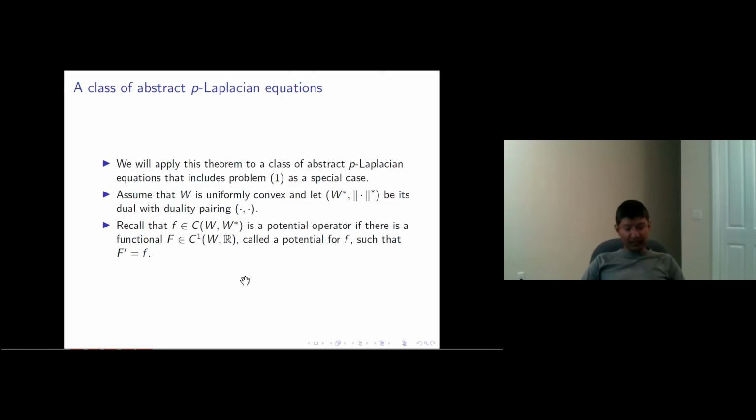So to state this abstract result, suppose W is a uniformly convex Banach space, and suppose this W star is its dual space, and we will look at an operator equation involving so-called potential operators. So a continuous mapping from W to its dual is a potential operator if it's the Fréchet derivative of some C1 functional, capital F, on W.